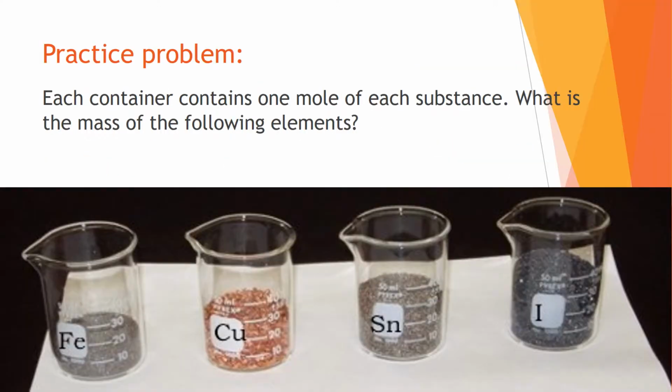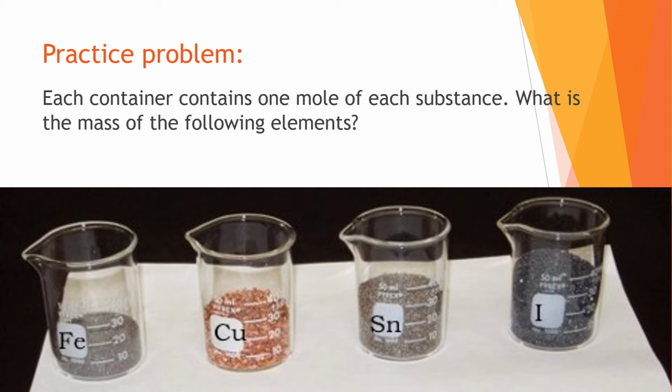Now, I want you guys to practice. Pause the video. You need your periodic table here. I want you to tell me the mass of a mole of each of these substances. By measuring out the mass of iron, Fe, I can measure out 1 mole of iron if I know the atomic molar mass of iron.